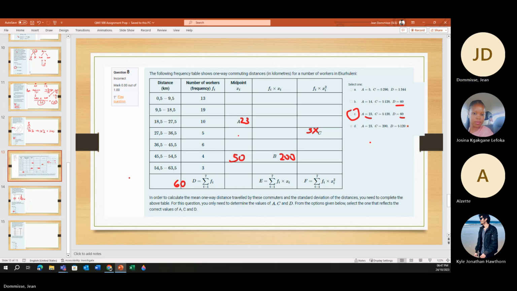It's 64. 64 divided by 2, 52. So it will be 52 to the power of 2. Okay, 5,120. Okay, so definitely option C is the correct one.